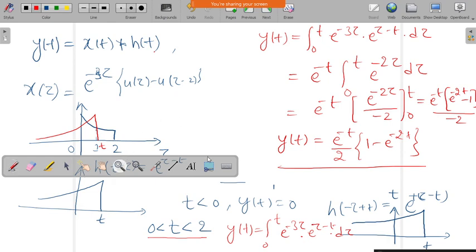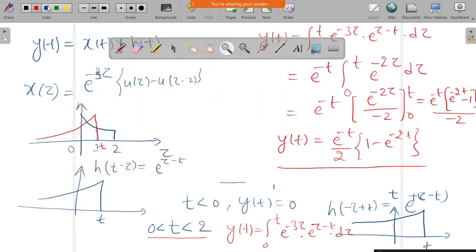Now the last case is whenever t becomes greater than 2. Even if the signal is there beyond 2, x of t exists only between 0 to 2.